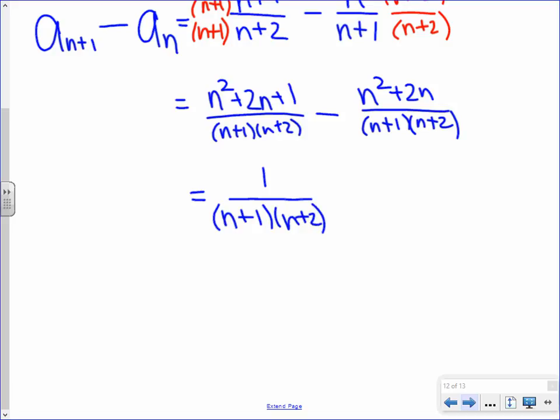For all positive integers, 1 to infinity, how will this compare to 0 every single time? It's greater, which means we have an increasing sequence. Now, if this was only true from 3 and above, then we would only have an increasing sequence from 3 to infinity.